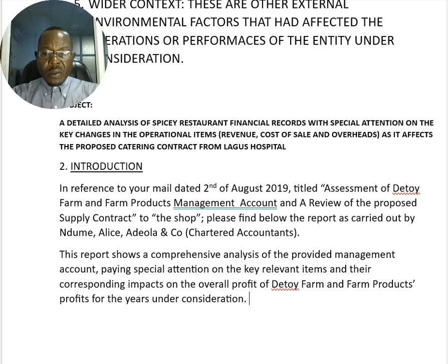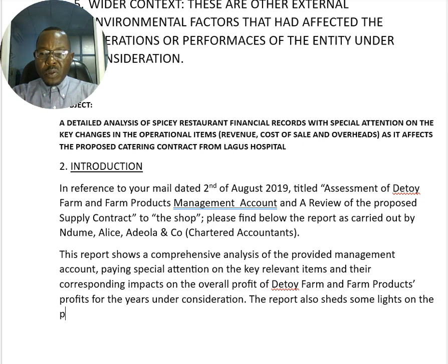So you now say the report also sheds more light, or let's say some light on the possible reasons for high level of revenue.